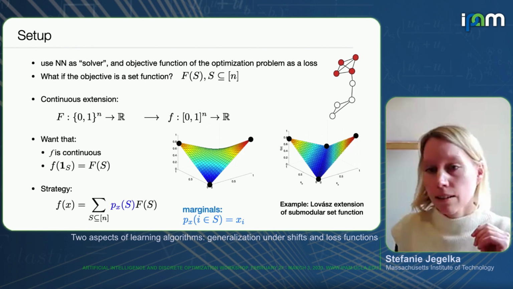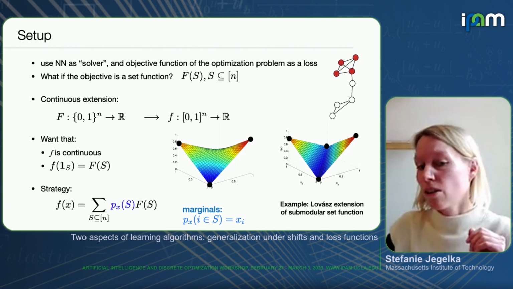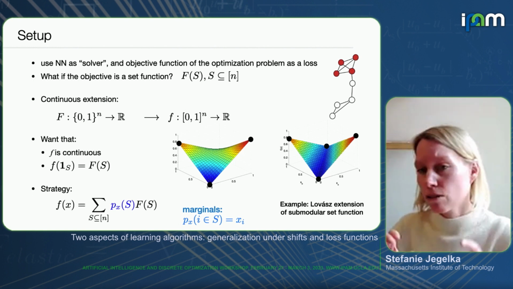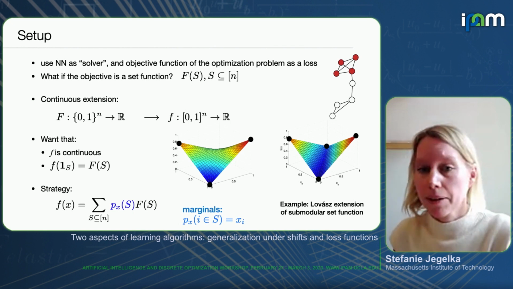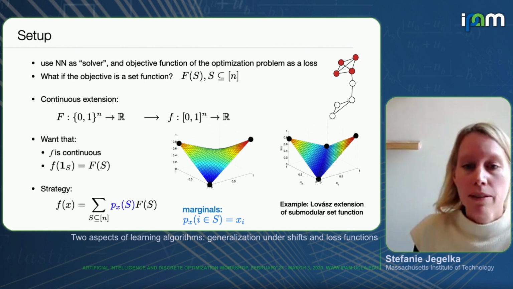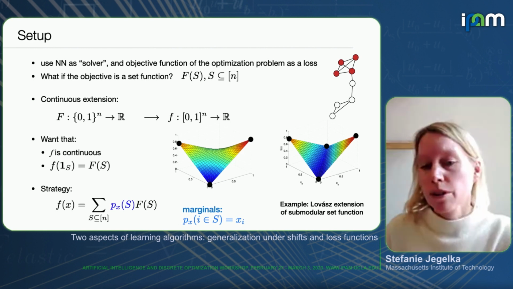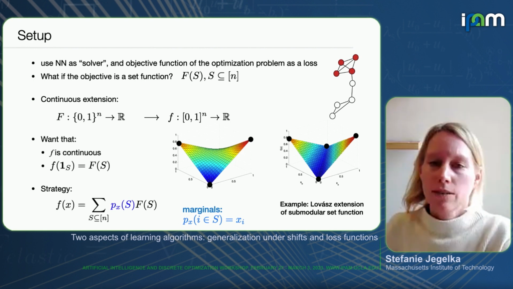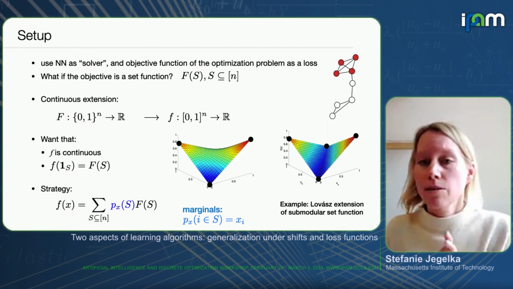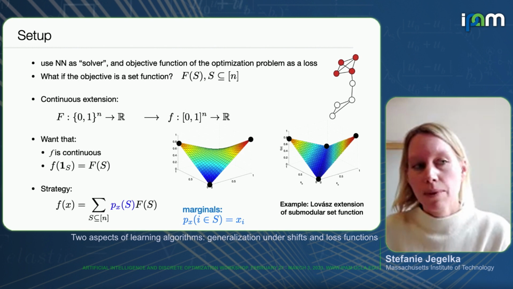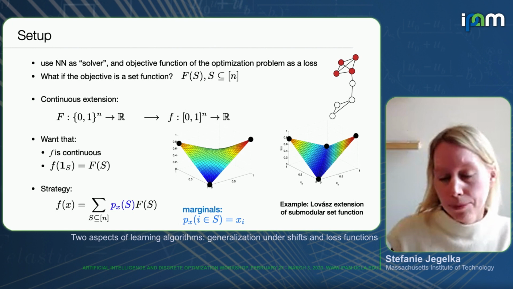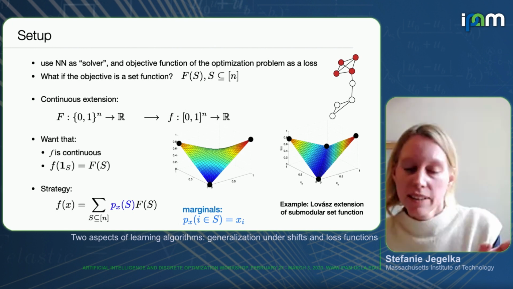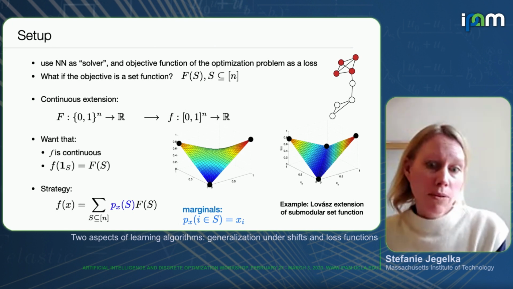There, the items are not independent. I'm coupling them in a specific way. And your LP relaxation would correspond to the product distribution. Okay, so this is the way I could design a relaxation, and now I could have my neural network work in the x space, predict x, and then round it later.